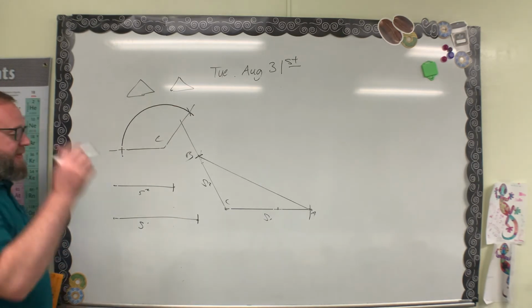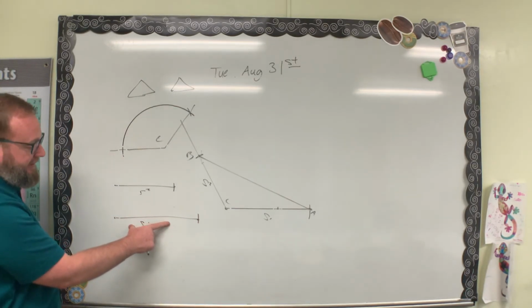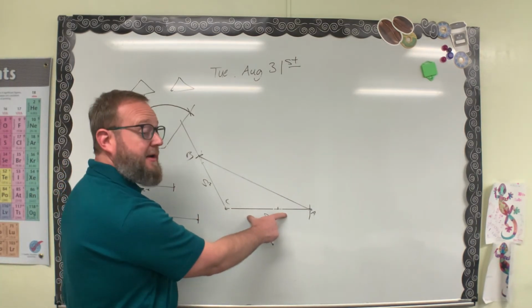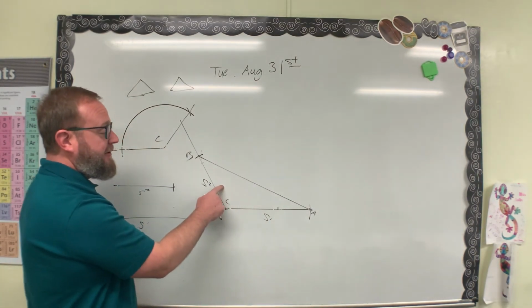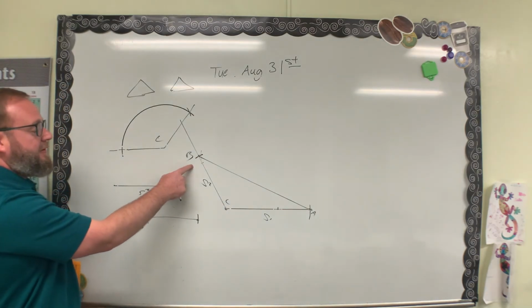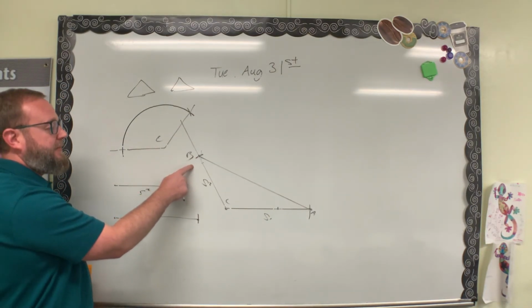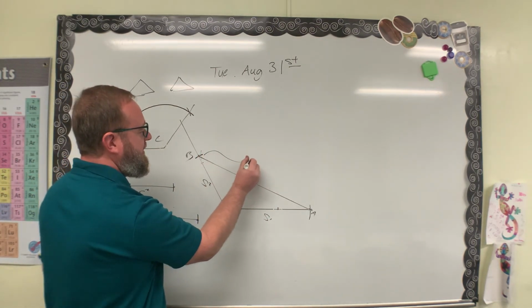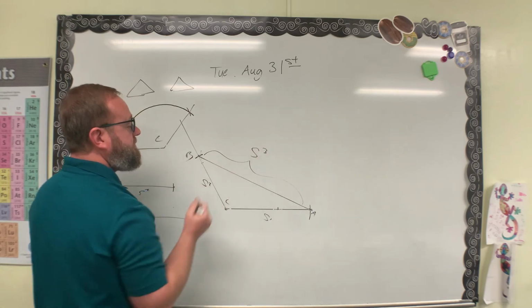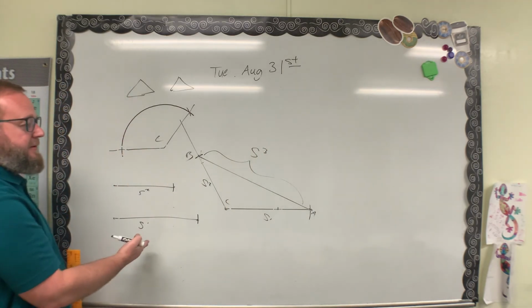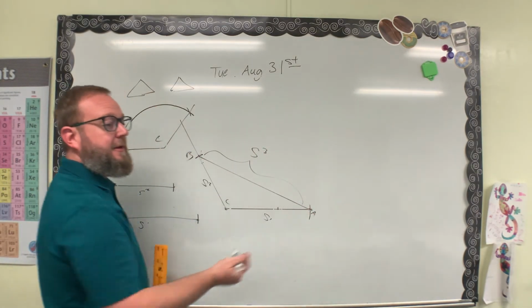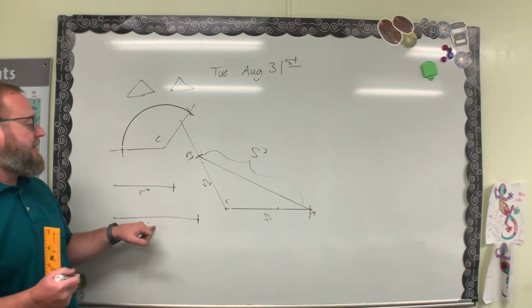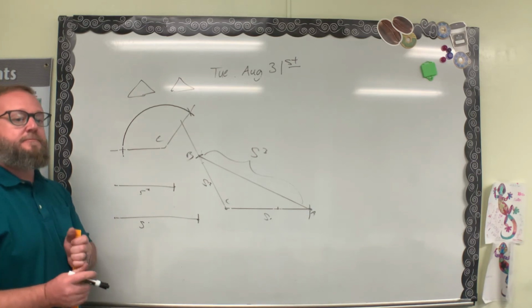So we started out with the given of this side, that side, and this angle. I created my side, I created my angle second, and then I created my other side, the second side. And this is actually a third side that we weren't given, but we were able to create it because we were told to construct a triangle using a side, an angle, and a side.